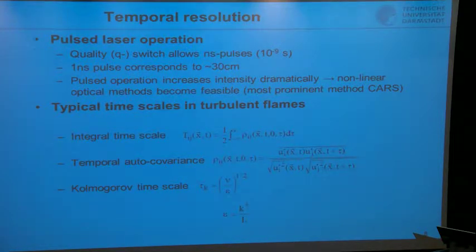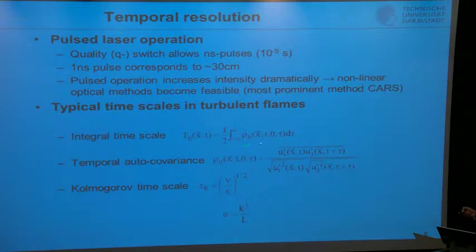So these are short pulses in the order of nanoseconds. And because of these pulses, you can increase intensity dramatically, and that's why later on we will talk about nonlinear techniques that build on high intensities, which become feasible only by pulsed radiation.